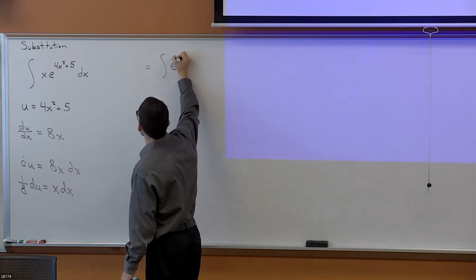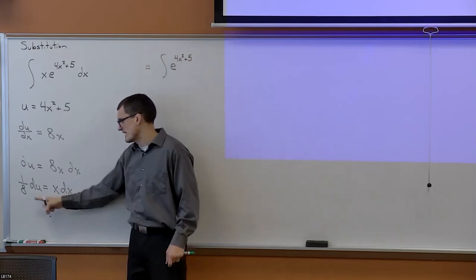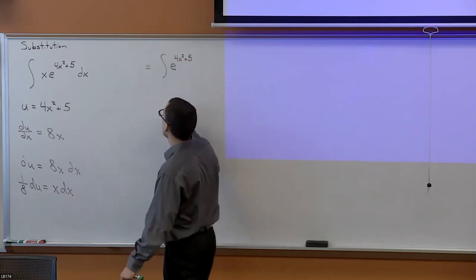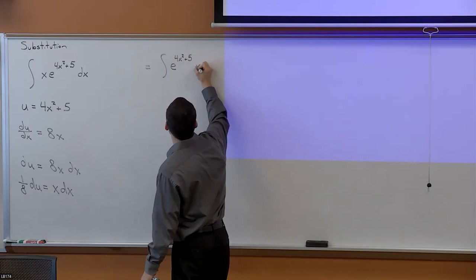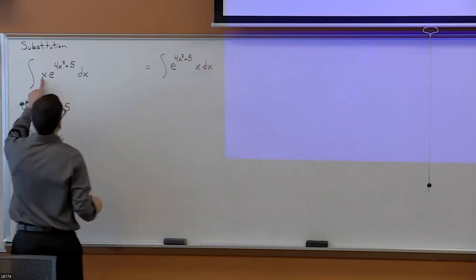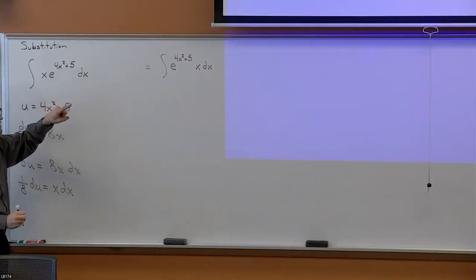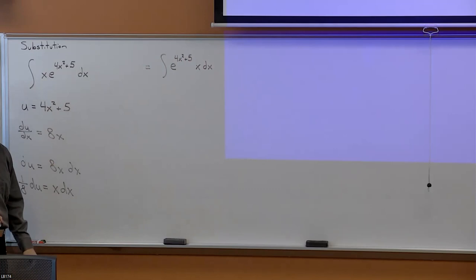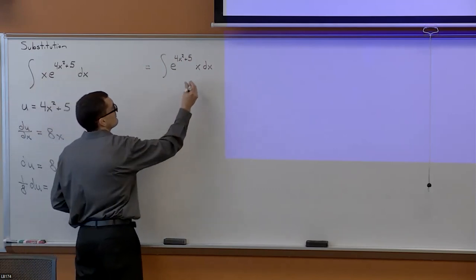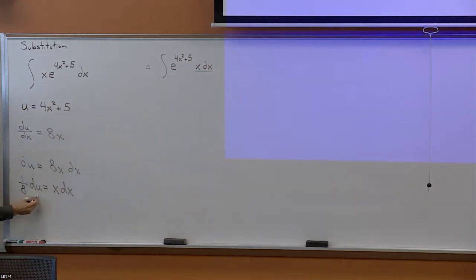Again, I just like to see my exchange visually. So I'm going to bring the x that's being multiplied by e to this power all the way over in front of the dx. And so x dx gets exchanged for 1/8 du.